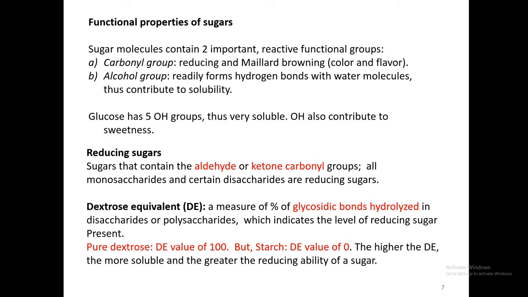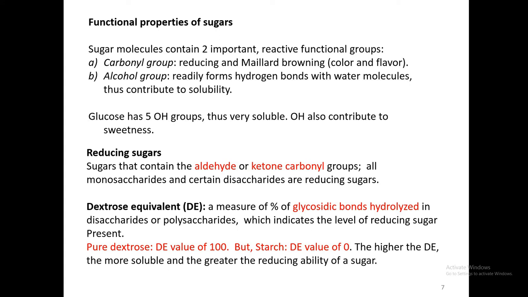There is a term called dextrose equivalent, or DE, which is a measure of percentage of glycosidic bonds hydrolyzed in disaccharides or polysaccharides. DE will indicate the level of reducing sugar presence. So for pure dextrose, the DE is 100, but starch, because there is no reducing sugar, it is completely a starch, polysaccharide, the DE will be 0.